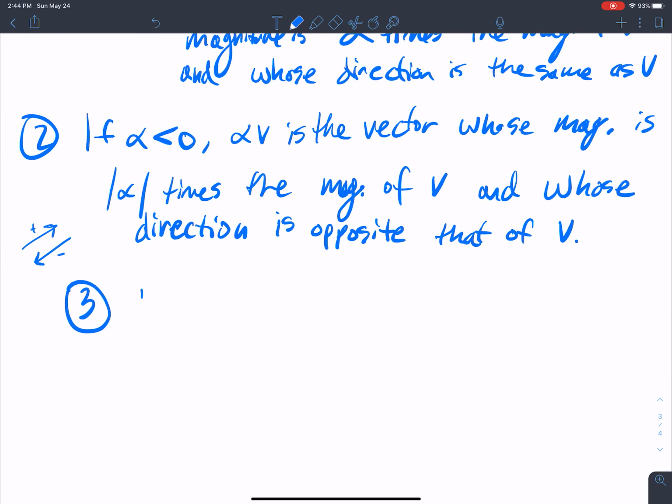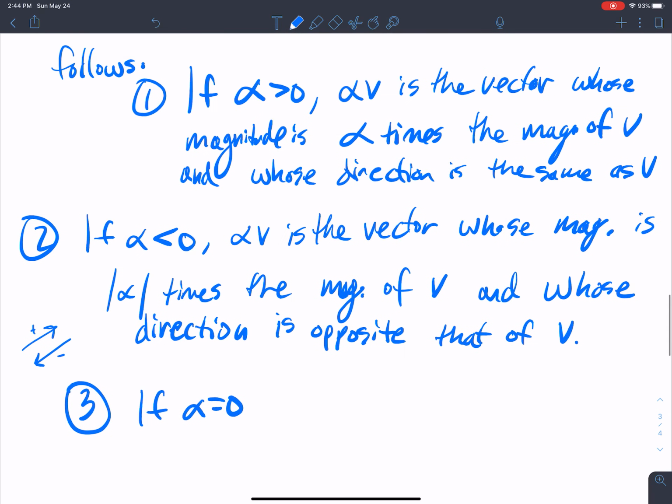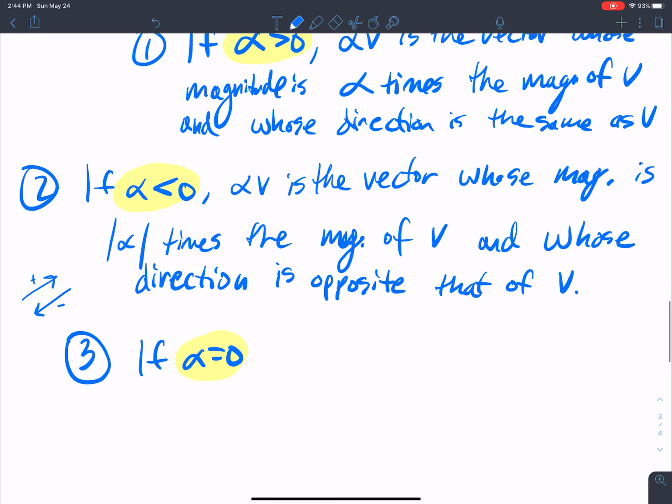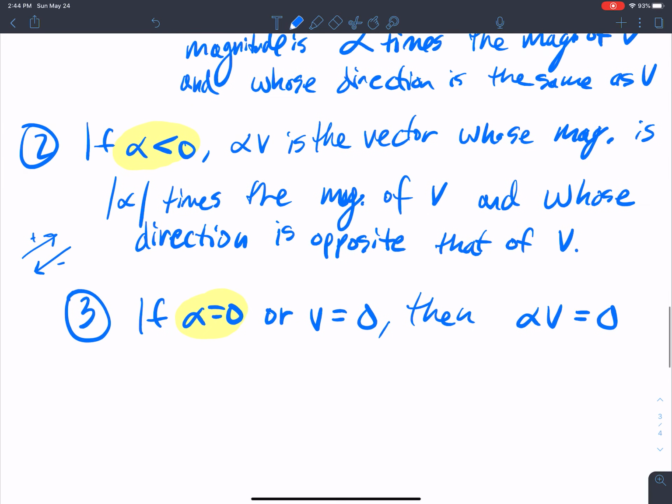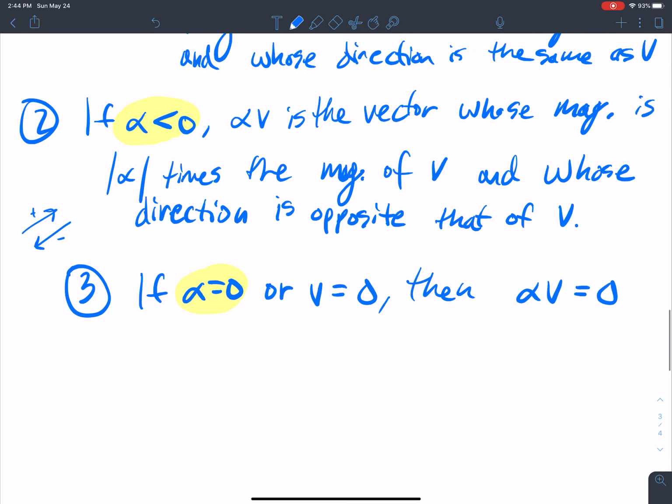Number 3 says if alpha equals 0, or V is equal to 0, then alpha V equals 0. If we multiply a scalar 0 by your vector, it's 0. If you take any number and multiply by a 0 vector, then it's also 0.